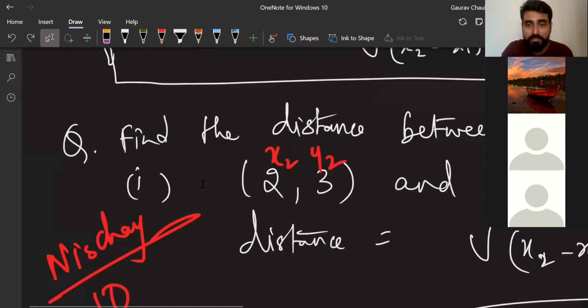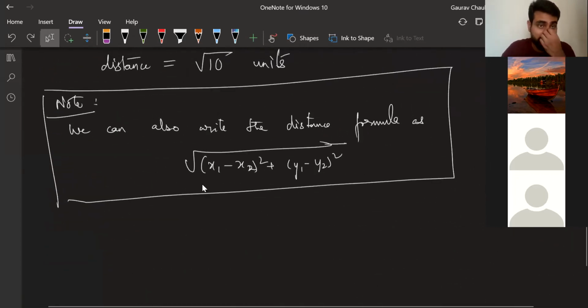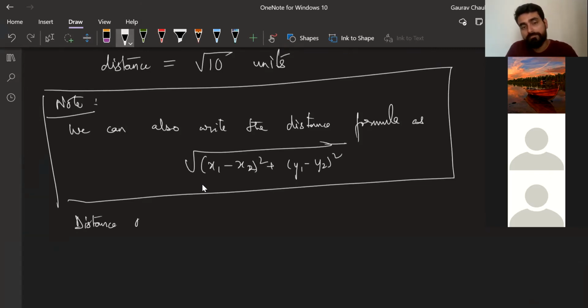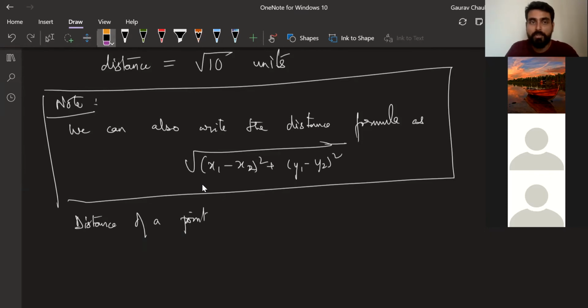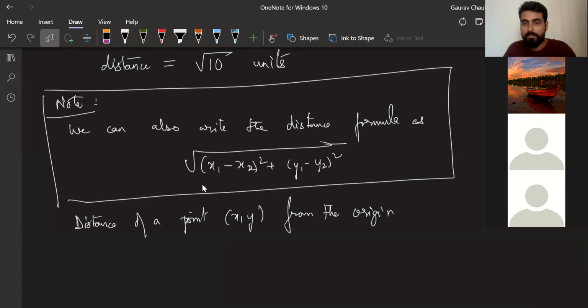We'll write this one thing down and then wrap up today's class. Distance of a point x comma y from the origin: the origin is 0 comma 0, so this becomes 0 and this also becomes 0.